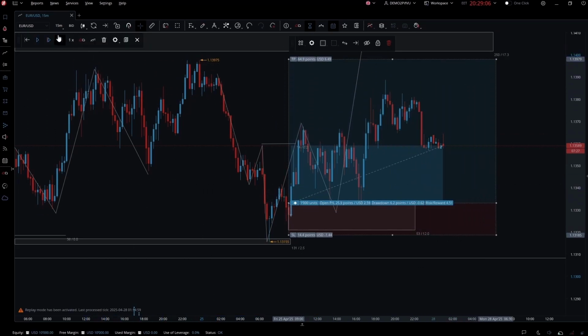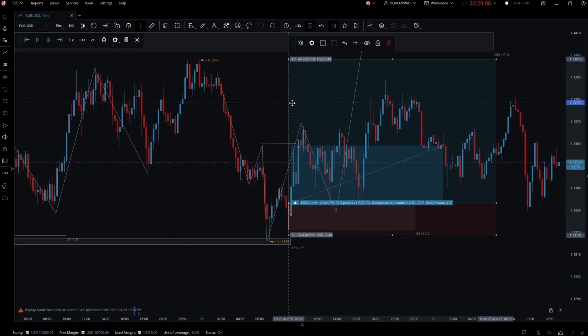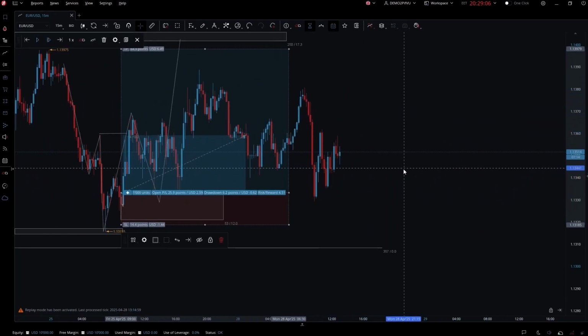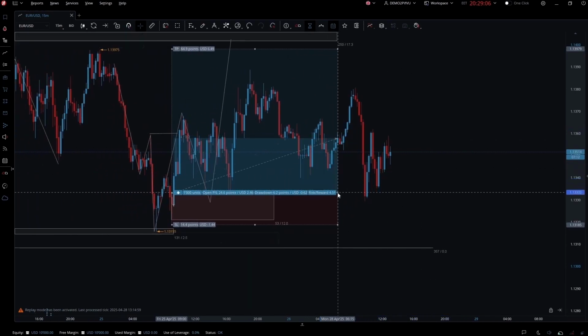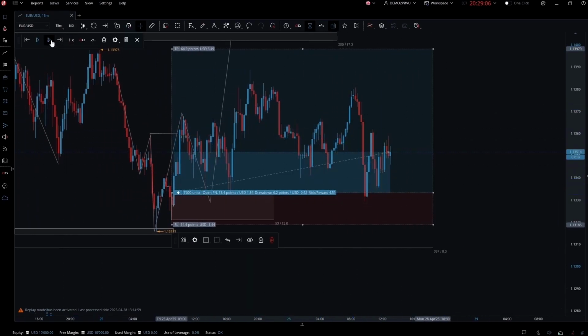So let's play the market forward because I can clearly take it to the highs. We can get that from the market, okay? Let's see. Good.